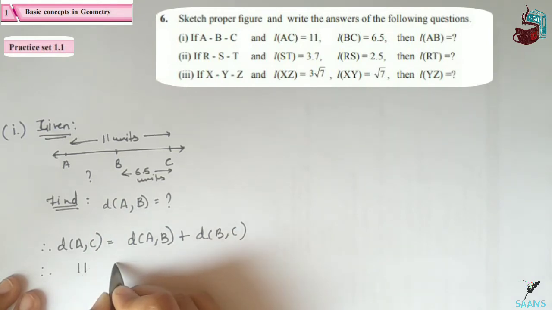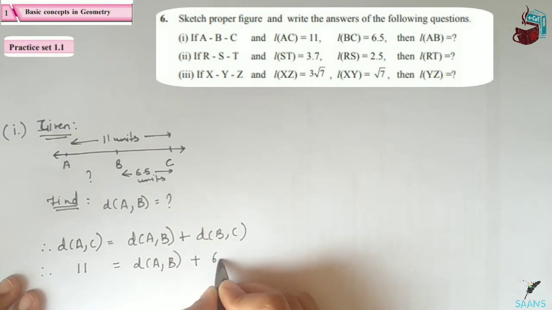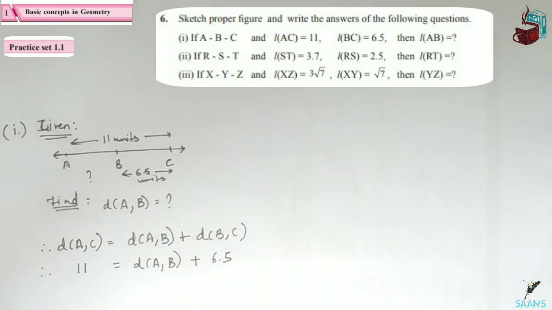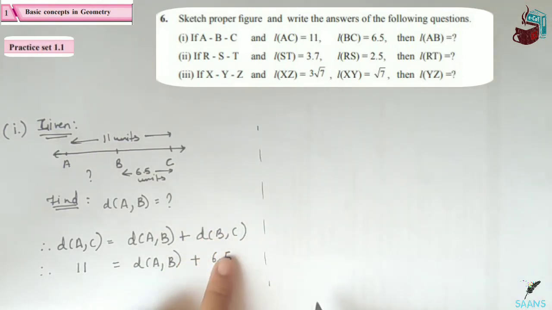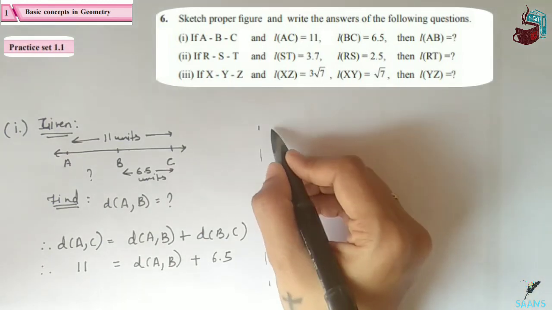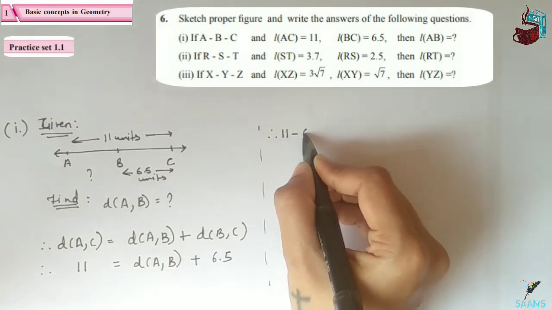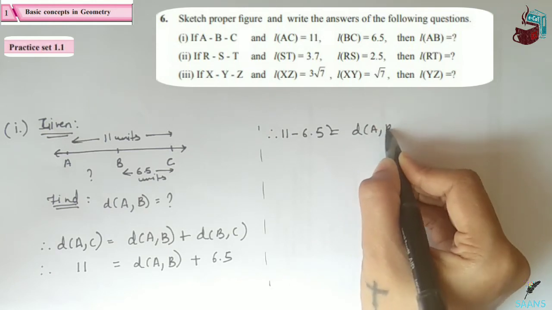Put the values: 11 is equal to distance AB, which we do not know, plus distance BC, which we know is 6.5 units. As I told you, what is unknown, freeze it. Go to the next step. The 6.5 will jump over here. But here it is adding, there it will get subtracted. So 11 minus 6.5 is equal to distance A comma B.